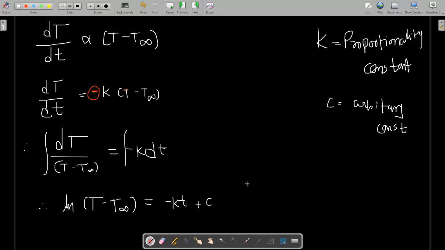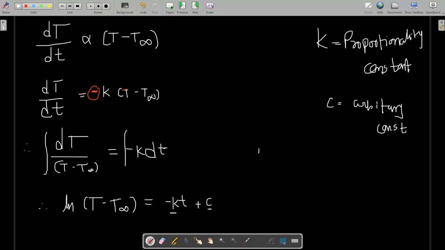Now here we have two different constants: one is k, the proportionality constant, and one is c. So to solve this we have two boundary conditions.